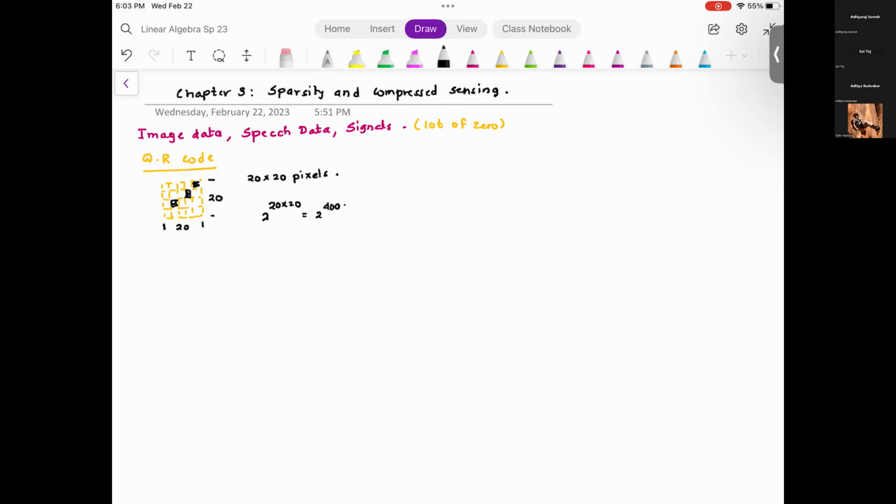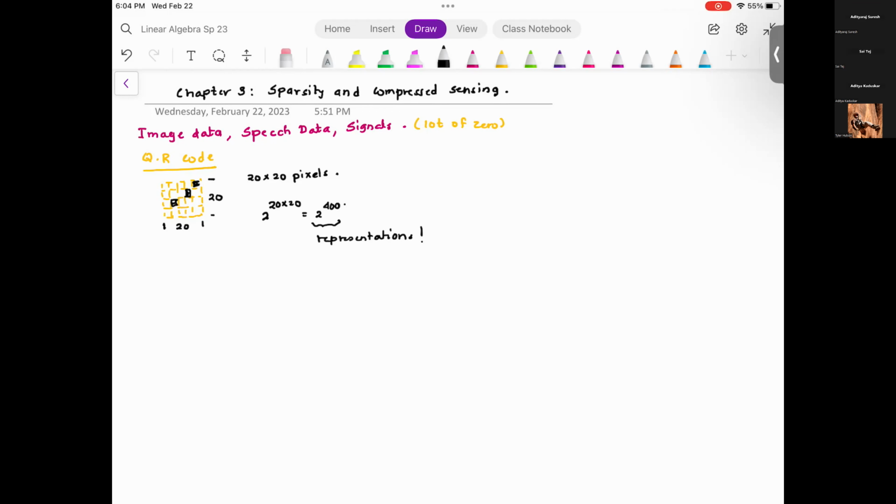You have these many numbers that you can represent using distinct possible images, so you have these many representations in just a simple 20 by 20 QR code.